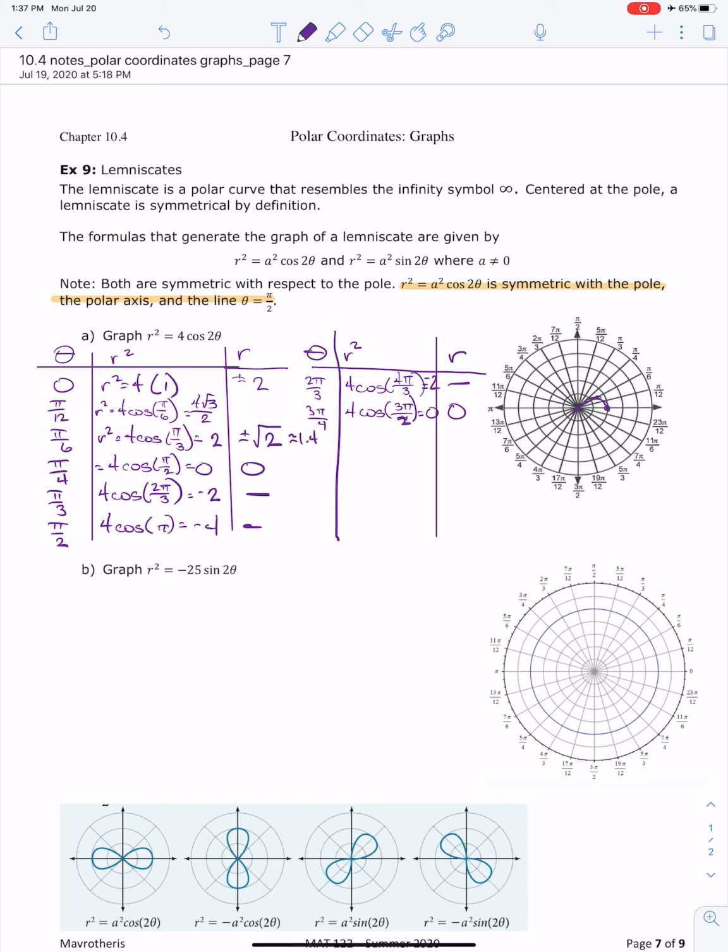And so what do we want to try? 5 pi over 6, that looks reasonable. I get 4 times cosine 10 pi over 6, which is 5 pi over 3, which is a positive 1/2. 4 times 1/2 is 2, and so I'm back at square root of 2.